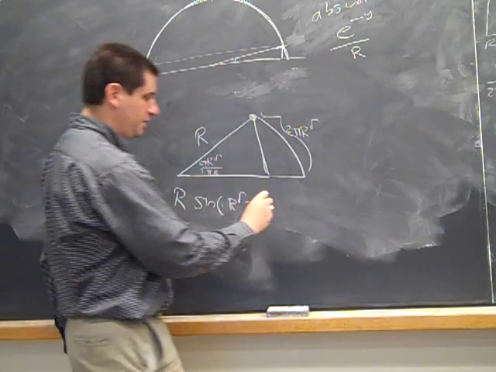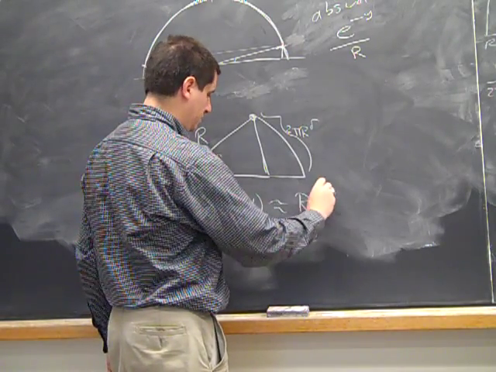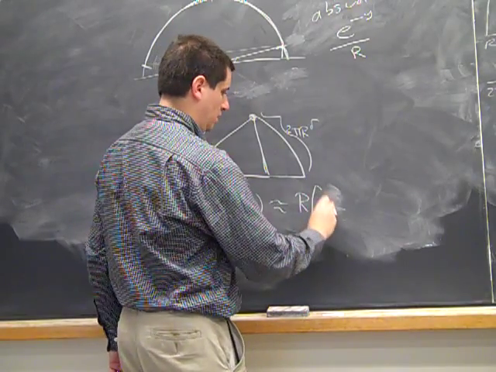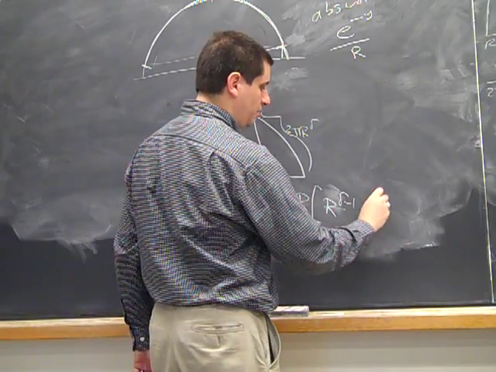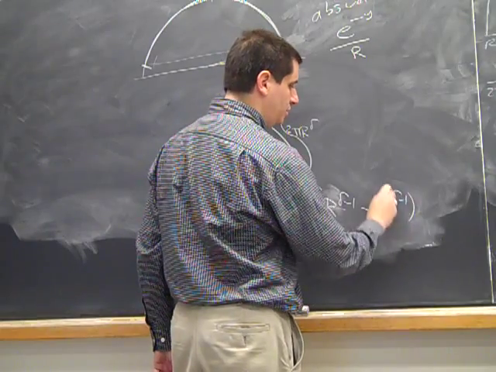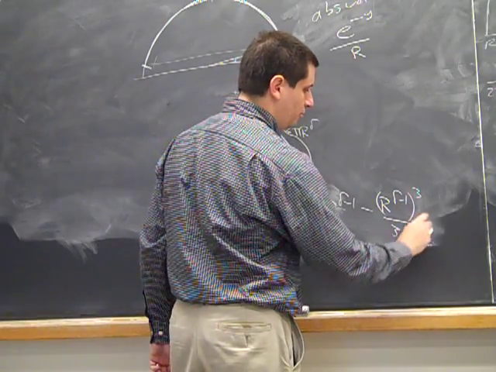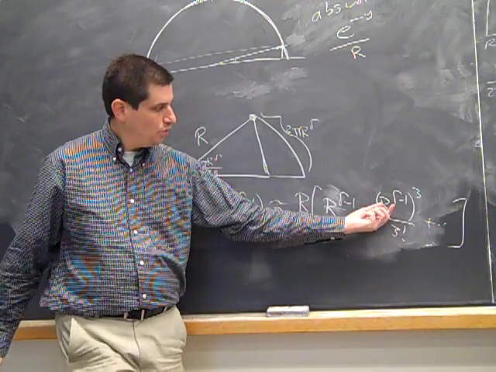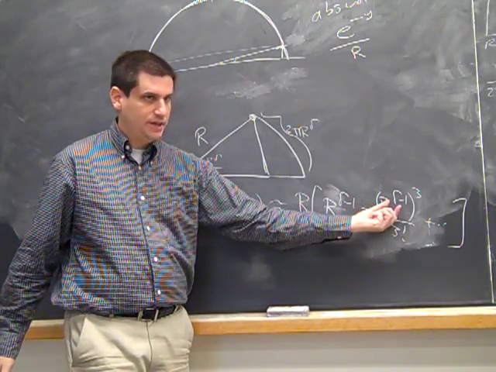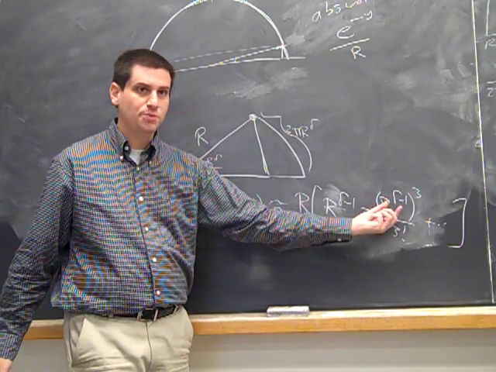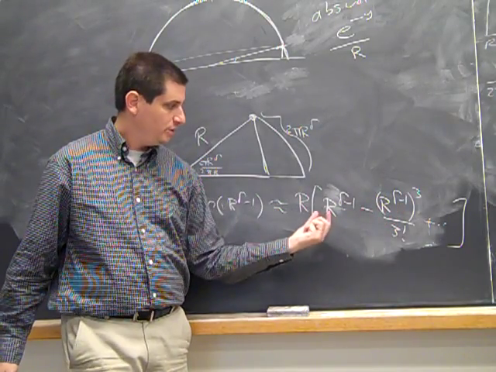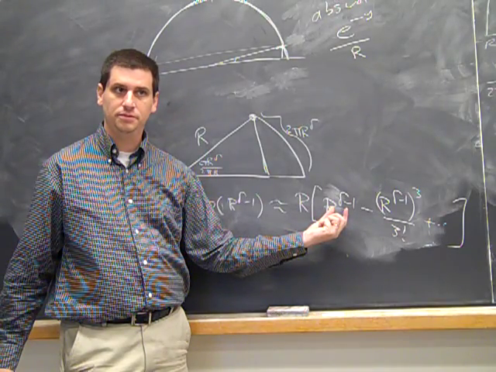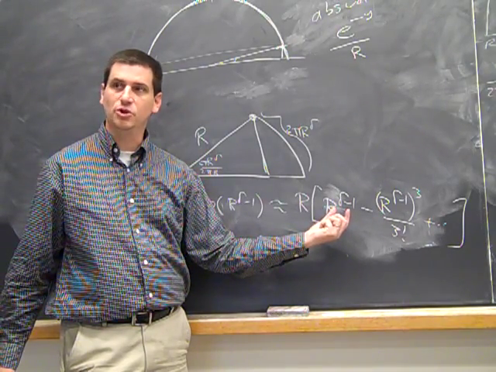And so now if I expand this out, I get r times r to the delta minus 1, minus r to the delta minus 1 cubed over 3 factorial, etc. Delta is less than 1. This is a small number. Does everyone agree that it's essentially just given by the main term? That the other terms don't really matter?